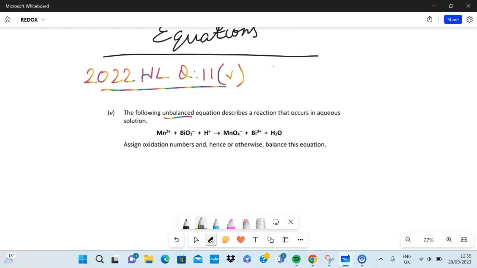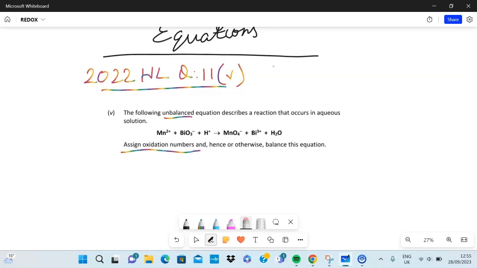Usually when I see this question, I'm extremely confused about where to even start. That's why we need to know about oxidation numbers, and that's why I said you need to watch the video. The first thing, as the question says, is that you need to assign oxidation numbers. If you don't do this, you will lose marks because the question is particularly asking you to assign oxidation numbers.